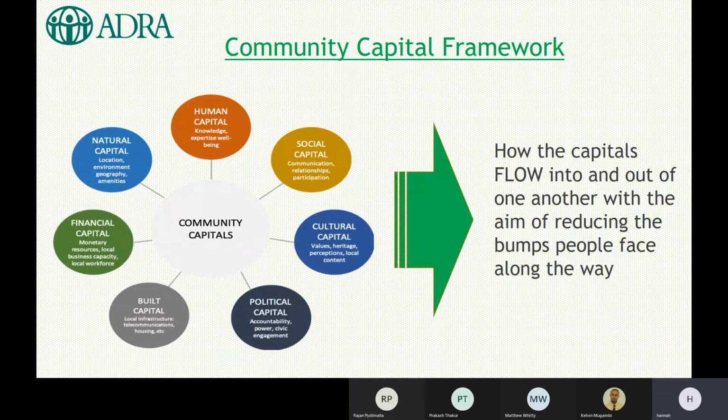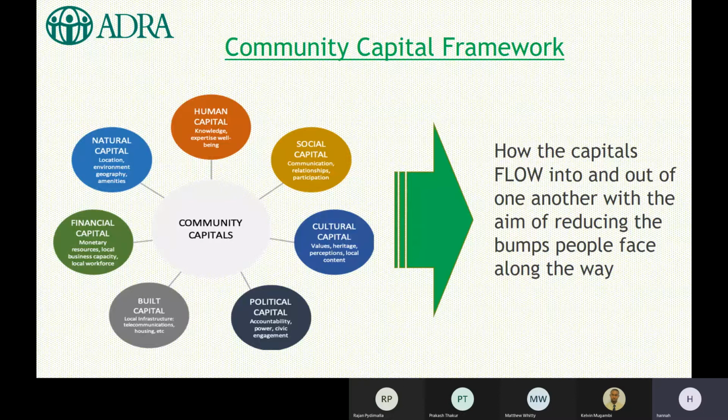There are so many interlinkages between them: natural capital, human capital, social capital, cultural capital, political capital, built capital within the community, and financial capital. This project's key areas focused on financial, natural, and social capital, but at the same time all the other capitals were touched in one way or another through stakeholders and through the community they worked with. So there are a lot of interlinkages, and we cannot divorce any capital from the others.